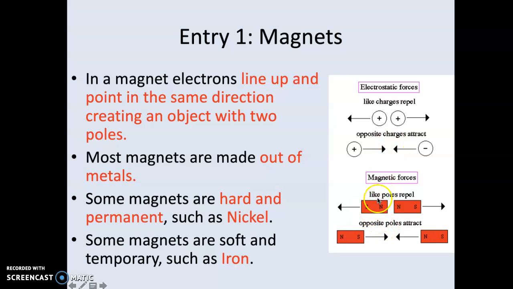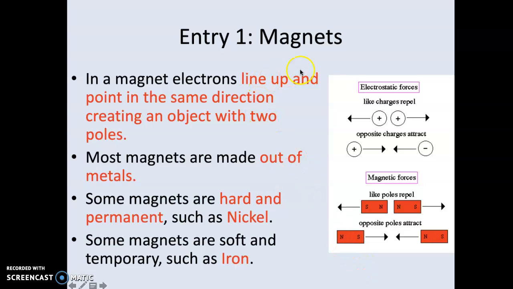Okay, so magnets have two ends, northern and southern poles, so to speak. Like poles, just like charges push apart, and opposite poles attract. That's why if you ever have two magnets and you put them next to each other, sometimes they snap together and sometimes they push apart.